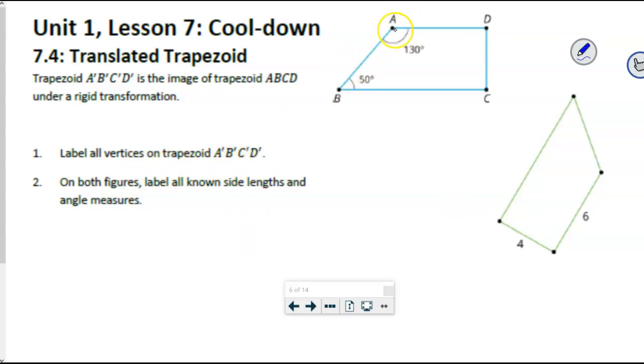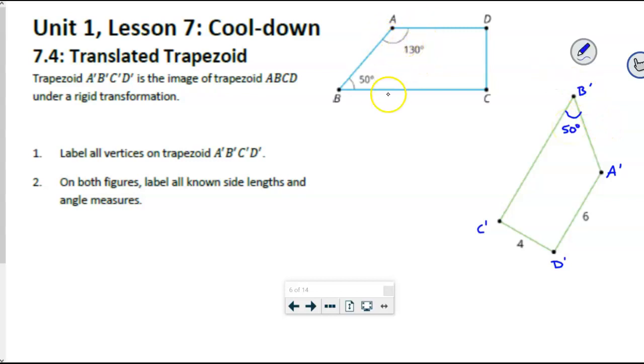This right here is A, so the corresponding point in the new one is going to be A prime. Here's B, so I can follow along, that's going to be B prime. This will be C prime, and this will be D prime. And with that in mind, it says label all known side lengths and angle measures. Angle B is 50 degrees, so B prime is going to be the same, 50 degrees.